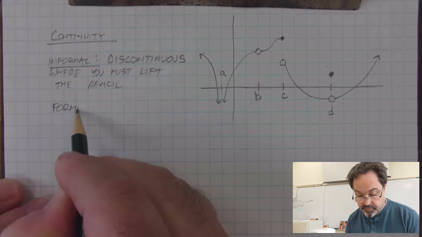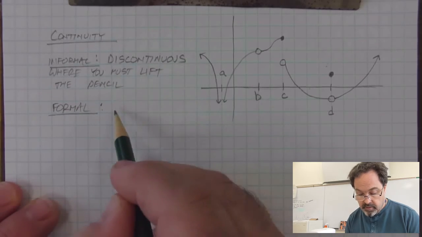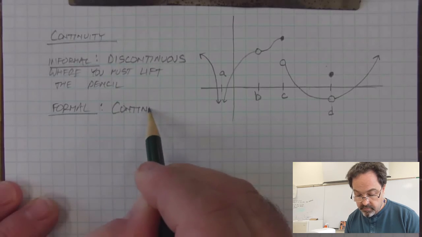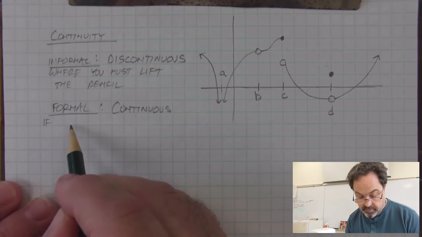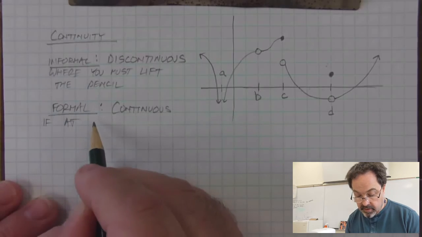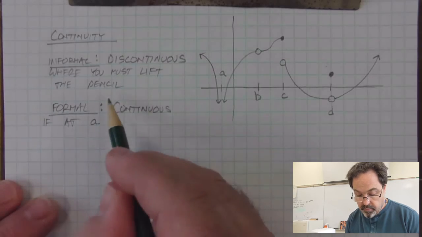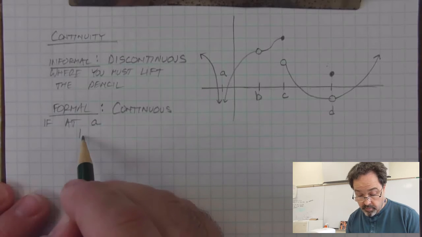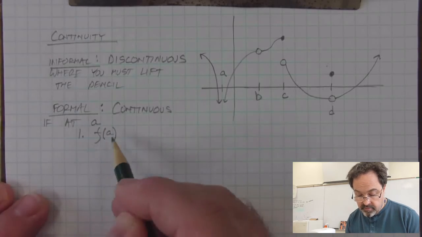The formal definition: a function is continuous if at A, three rules apply. 1, the value exists.